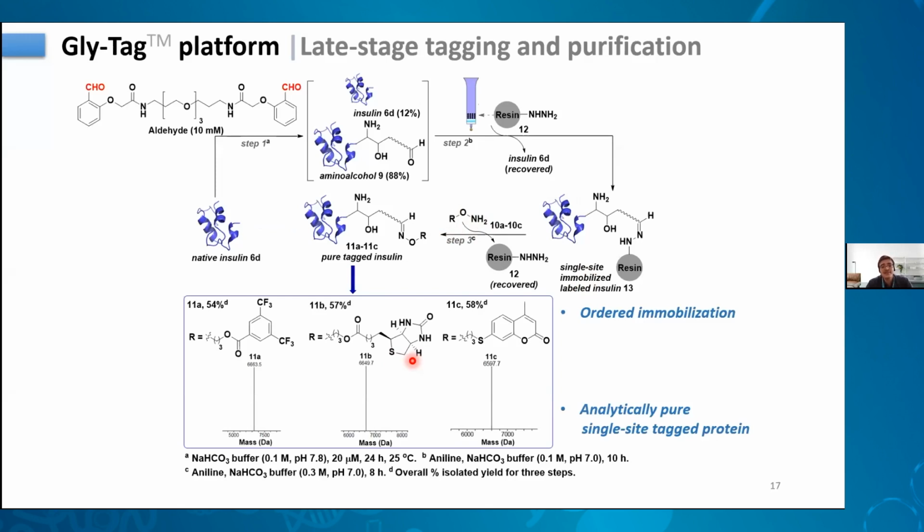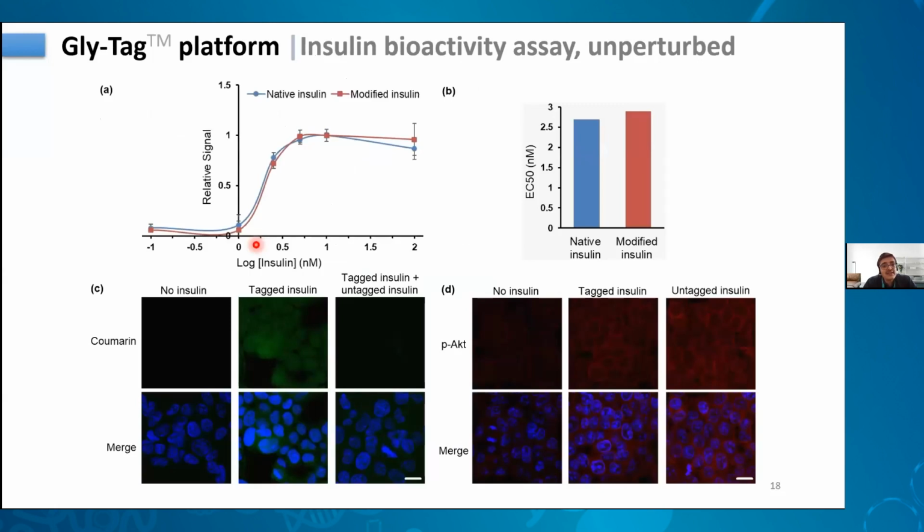And that's really something that works very efficiently. So we took coumarin tagged insulin from this table and demonstrated that the binding of this modified insulin with the insulin receptor or its downstream signaling pathway remains largely unperturbed.